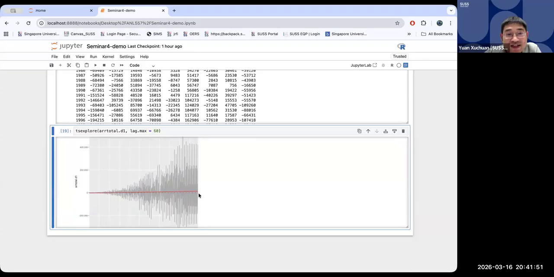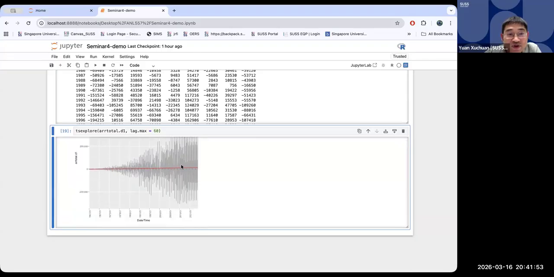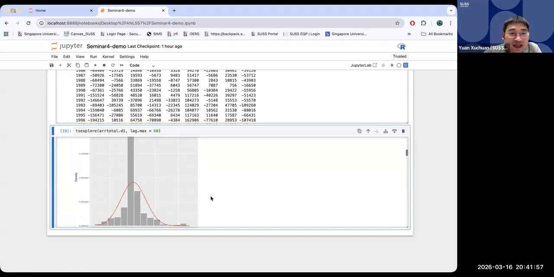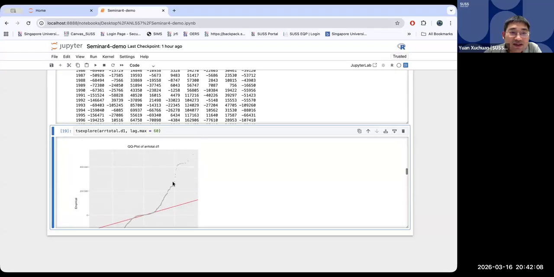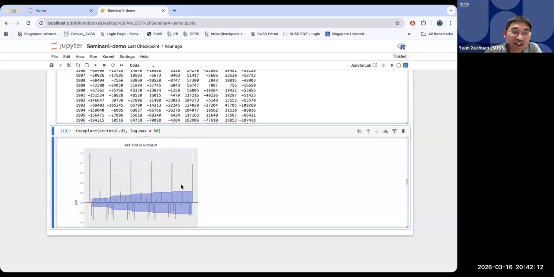So there is clearly a linear trend, right, from zero, and this is not a constant. And if you look at the distribution of the data points in the QQ plot, clearly it's not normally distributed.